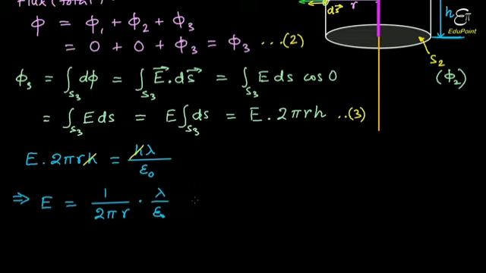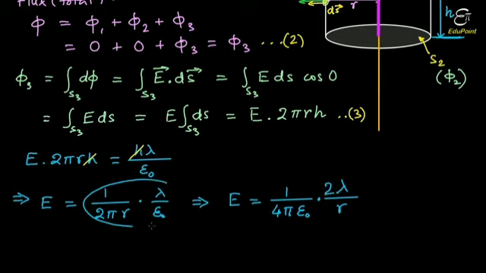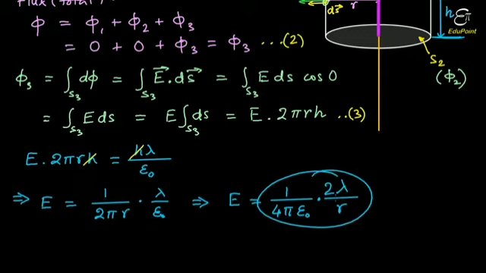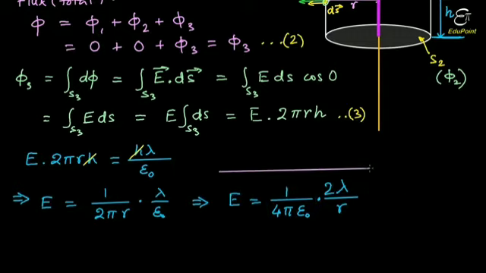So E, with h cancelled here, is equal to 1 by 2 pi r times lambda by epsilon naught, which is E equal to 1 by 4 pi epsilon naught times 2 lambda by r. So it is an application of Gauss law.